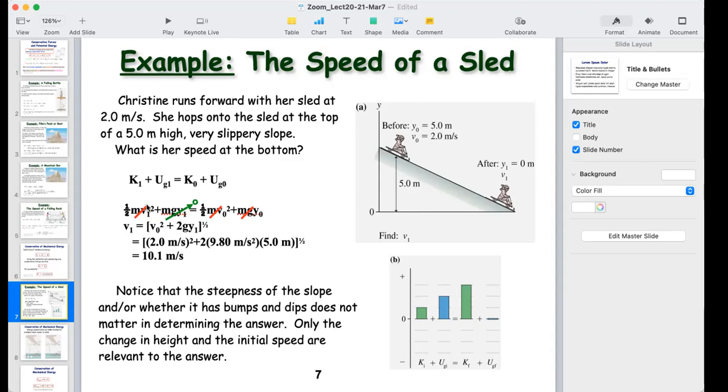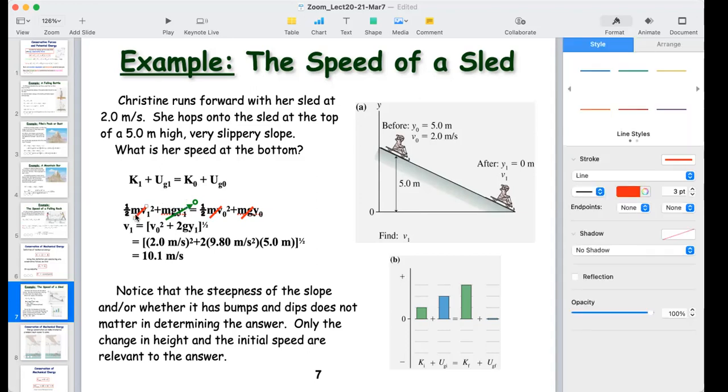So what we have, sorry that I have all these things in here, let me remove them, actually. It just makes confusion. I'll put them back later. So what we have is 1/2 m v final squared plus mg y final position, okay? And this final energy is equal to the initial energy, which is 1/2 m v naught, the initial velocity squared, plus mg y naught.